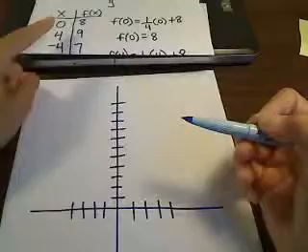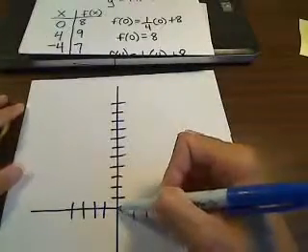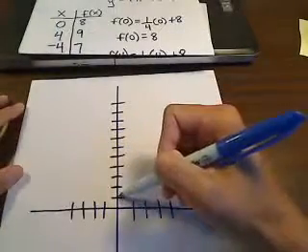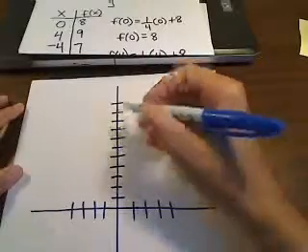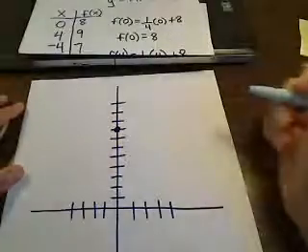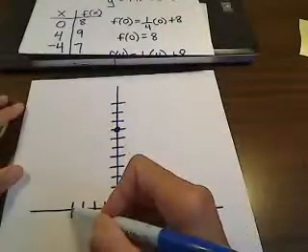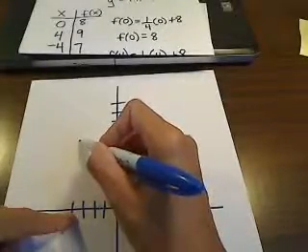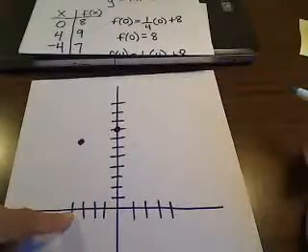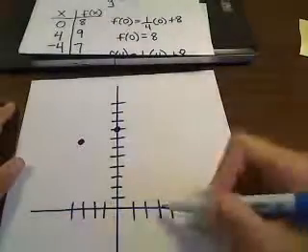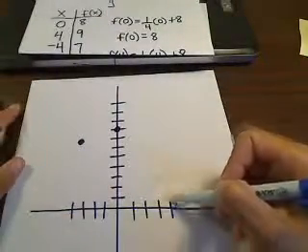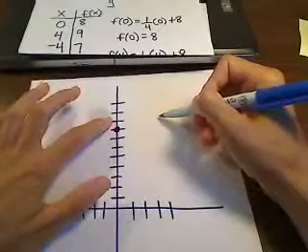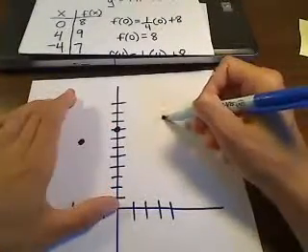So again, let's plot 0, 8. 0 going nowhere for x, and then up 8 for y: 5, 6, 7, 8 puts me right there. Then negative 4, 7: if I go over negative 4 for the x and then up 7 for the y, that's going to put me right about there. And then positive 4, 9. So over 4, this is 8, so up to 9 looks like right about there.